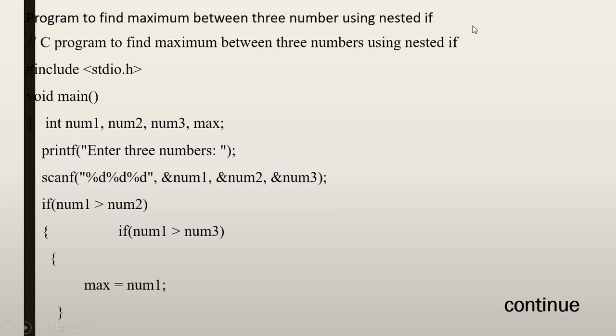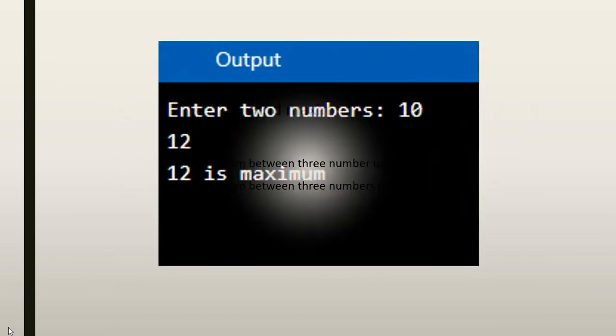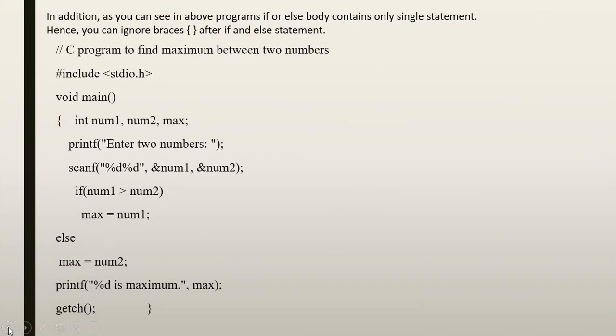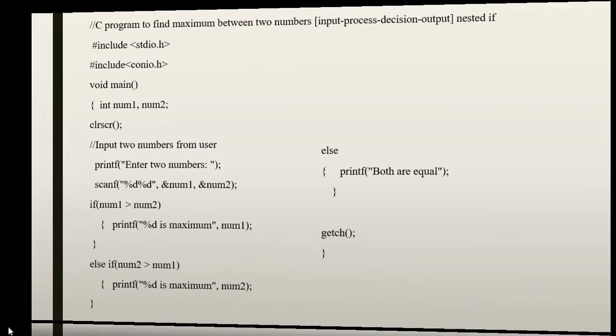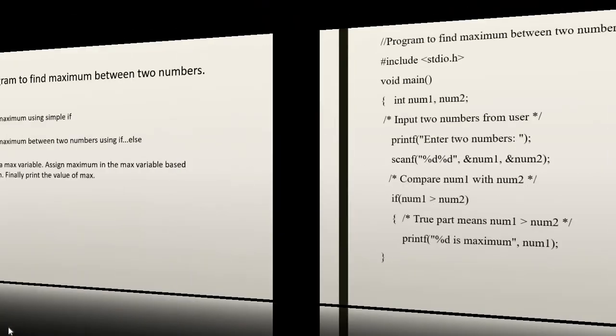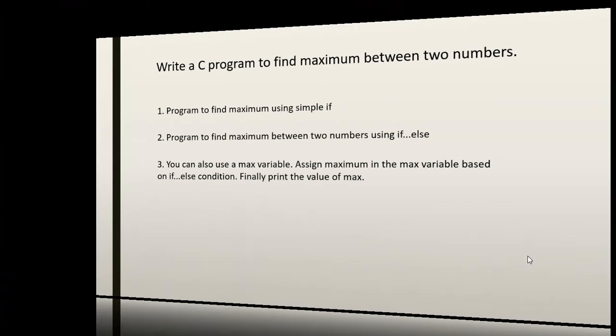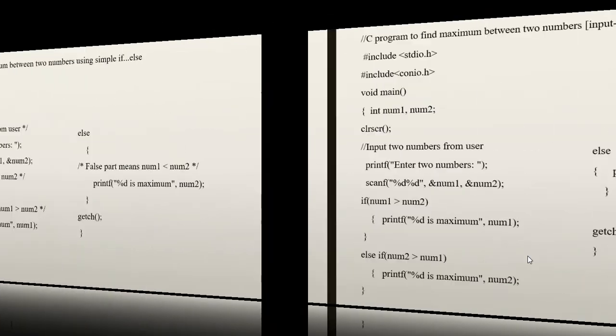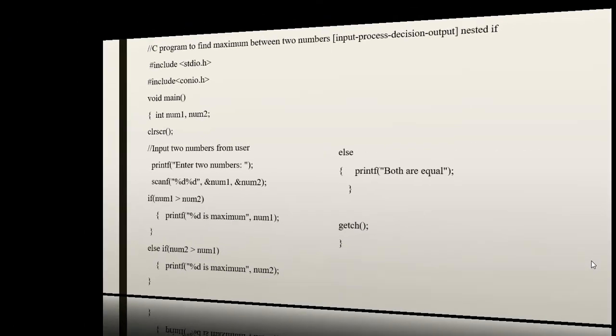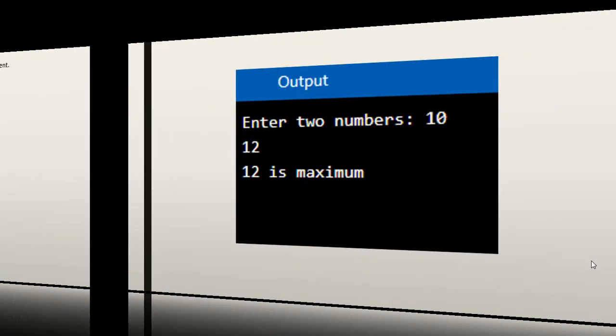nested if. So through this video section, we have seen how to find out the maximum value among two as well as among three variables by using the different types of if statement, either simple if or if else, or maybe by using the max variable, as well as we have used over here ladder and nested if for three variables.